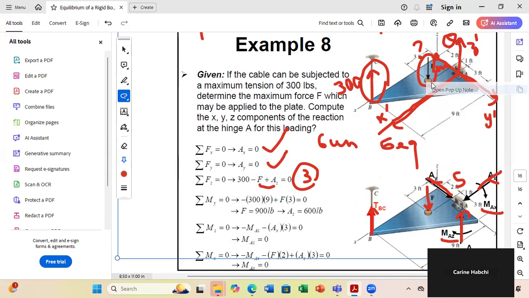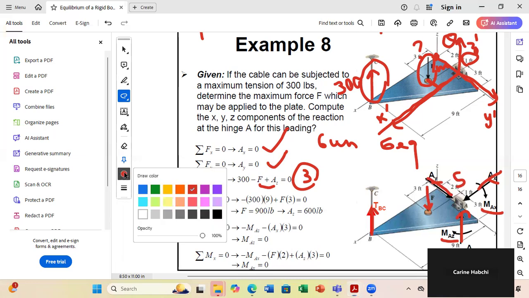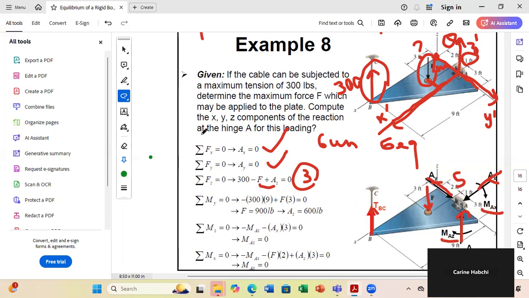At that distance, the distance between F and this axis is just the perpendicular, this one. This is 1 feet. Whereas for the 300, if I take the perpendicular distance to X prime, it's 3 feet.